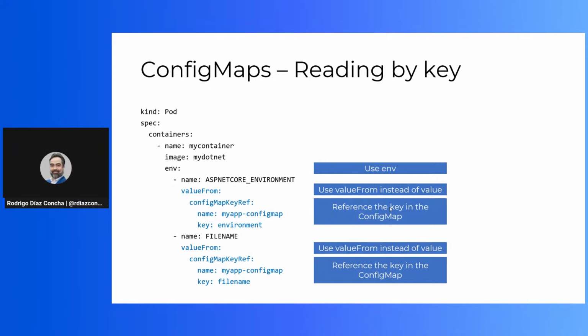Make sense? So you're referencing a key instead of the entire object. In this case, I'm reading the environment fictitious key that I have in this fictitious config map. Of course, if we use this for our own purposes, I can use this for renaming things, right?